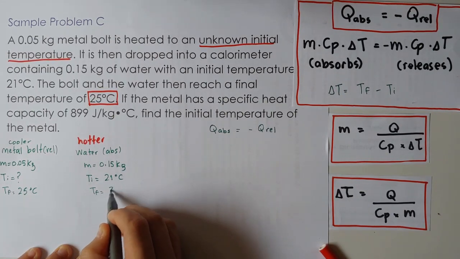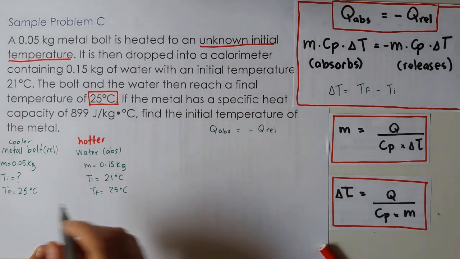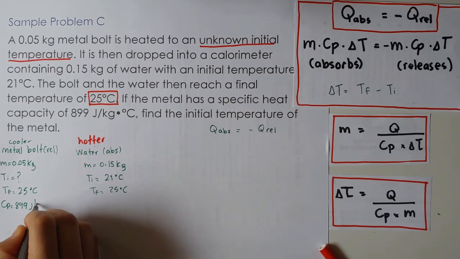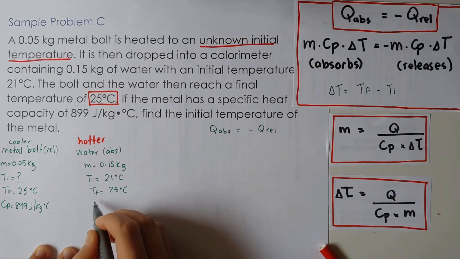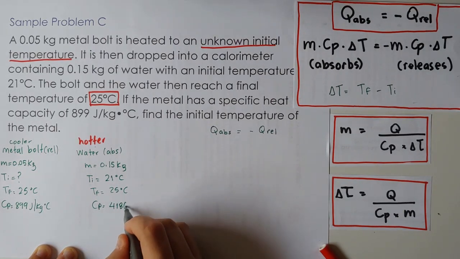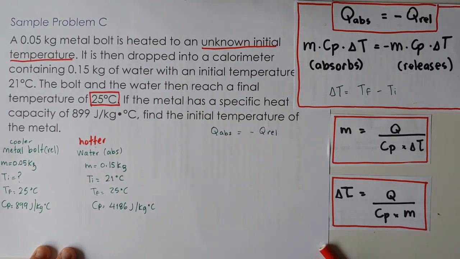And the metal has a specific heat capacity of 899 joules over kilogram Celsius, and water, of course, is 4186 joules over kilogram Celsius. So this is what you have, and we're gonna isolate for initial temperature.